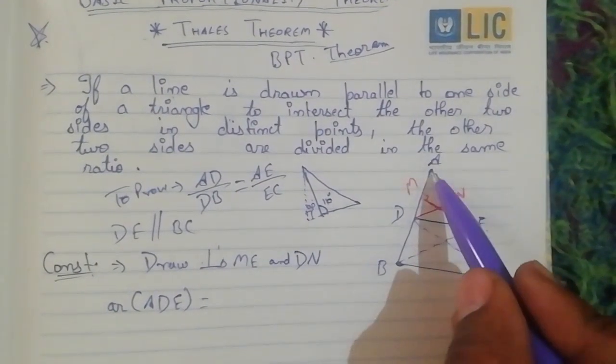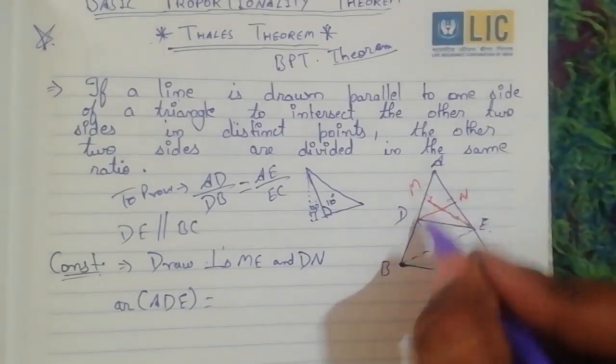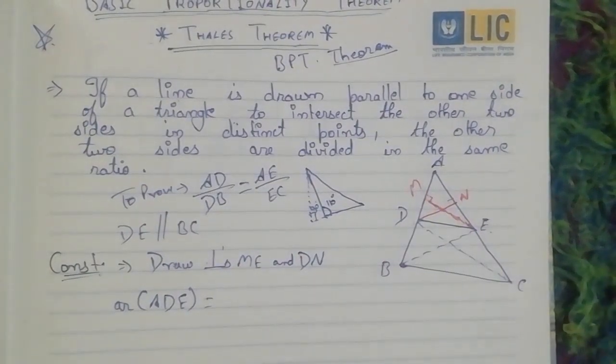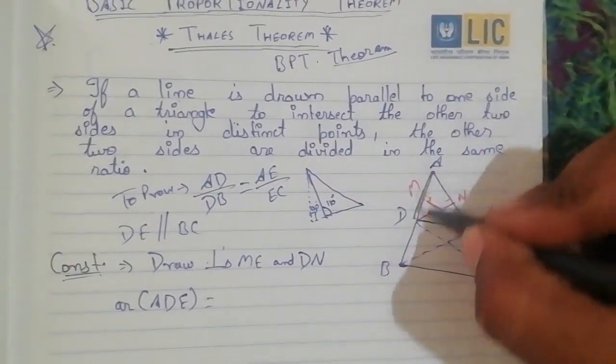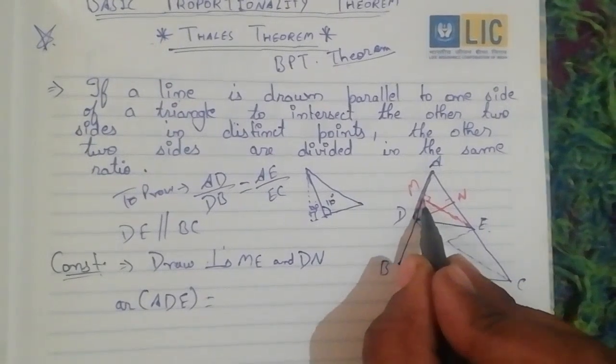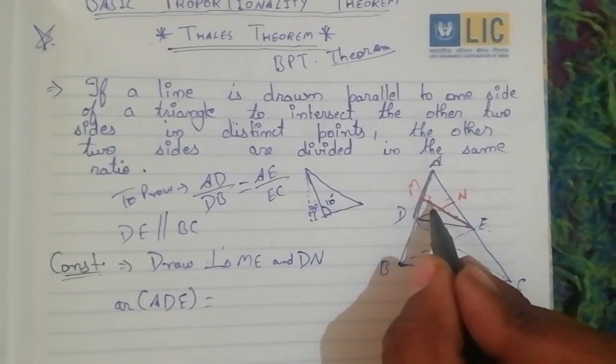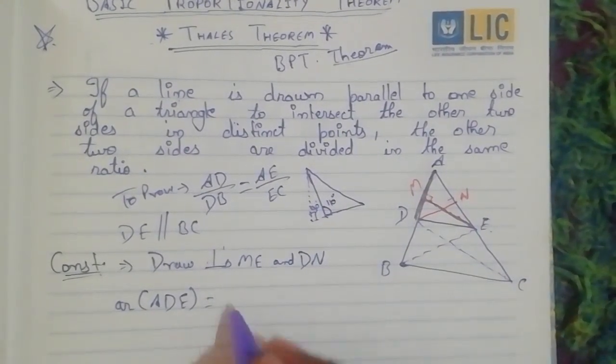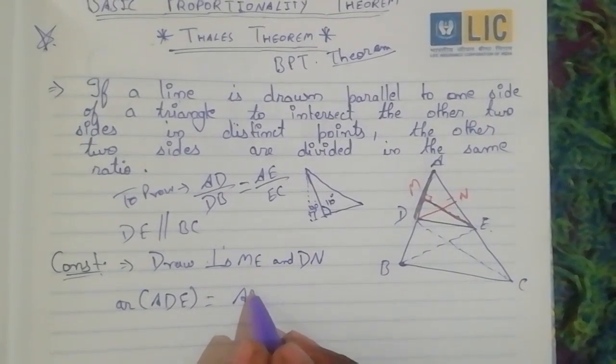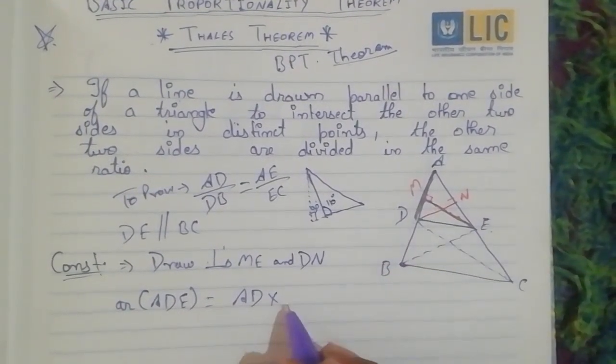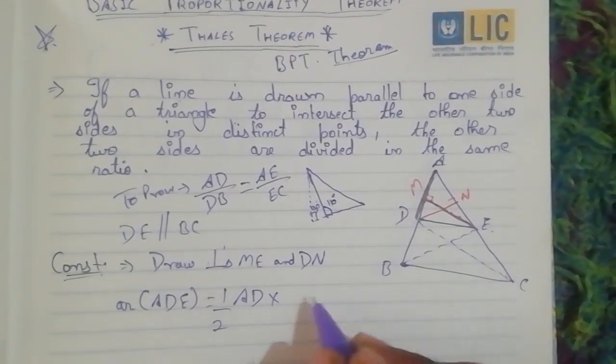So if we take AD as the base, then ME will be the altitude. So here the base is AD and the altitude is EM or ME, so the area is 1 by 2 into base into altitude.